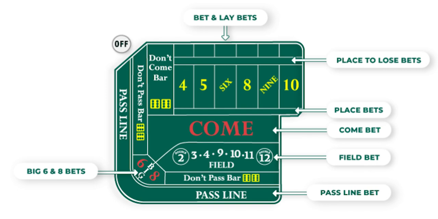Basically, you put your $25 chip in the field, and if they roll any of those numbers annotated in the field, the 2, 3, 4, 9, 10, 11, or 12, you win that bet. It's a simple one-time roll bet. If the dice roll on any of those numbers in the field, you automatically win. But of course, if it doesn't roll, like say they roll a 6, you'll lose that $25. So the field bet is pretty easy.